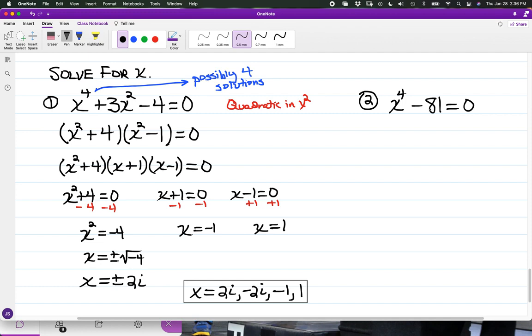In the higher degree in the variable, x to the fourth minus 81, this in its own capacity is a difference of squares, because x to the fourth would be like the square of x squared, and 81 is the square of 9. And so I could factor what I have here to x squared plus 9 and x squared minus 9.